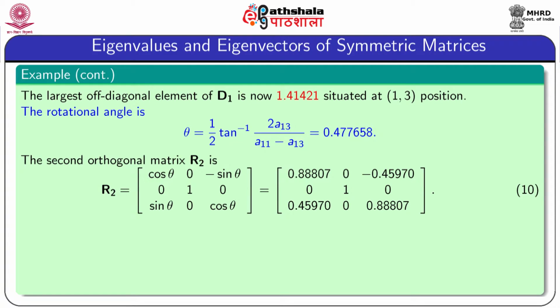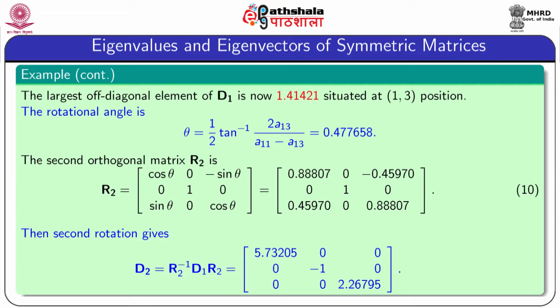So, using this theta, the second orthogonal matrix R2 is a 3 by 3 matrix whose first row is cos theta, 0, minus sin theta; second row is 0, 1, 0; third row is sin theta, 0, cos theta. After simplification, the matrix R2 is given by equation 10.